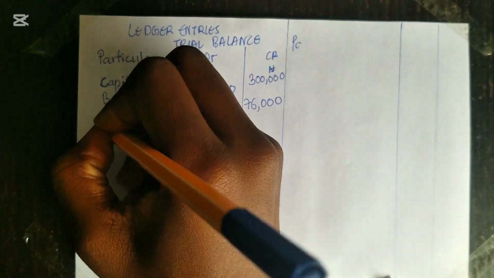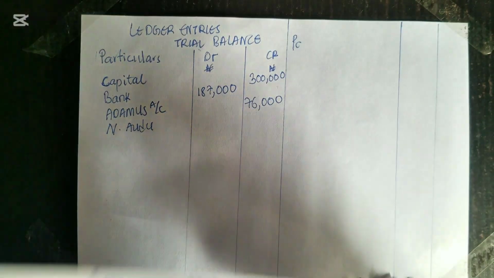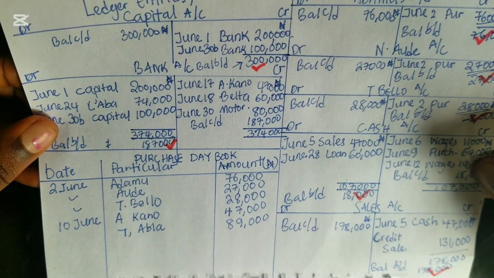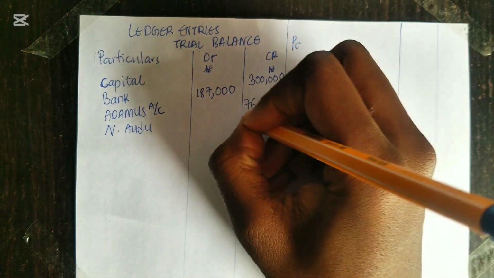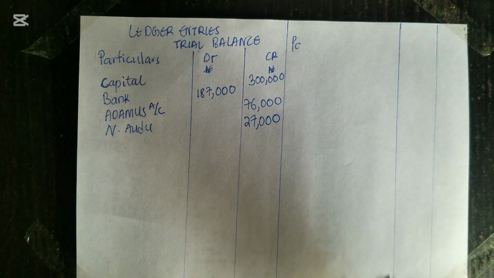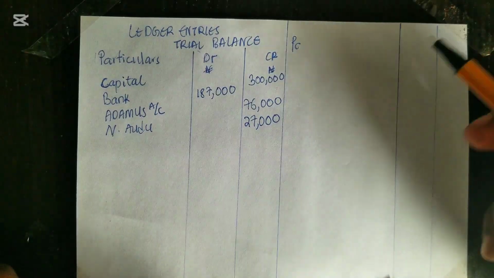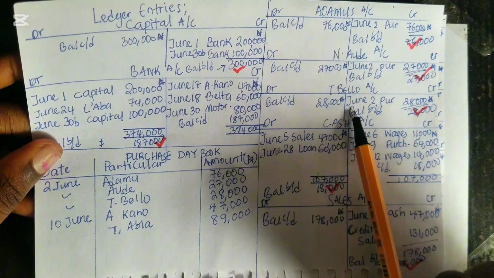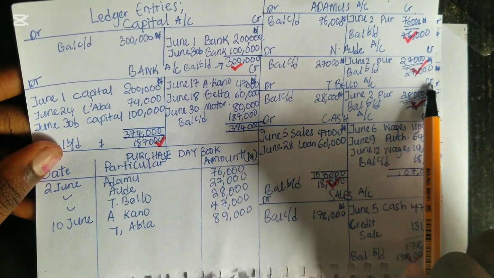And Audo, how much is it? It's 27,000 credit. The next one is what? After Audo is what? T-Bello. Does he have a balance brought down? Yes, 28,000 on the credit side.